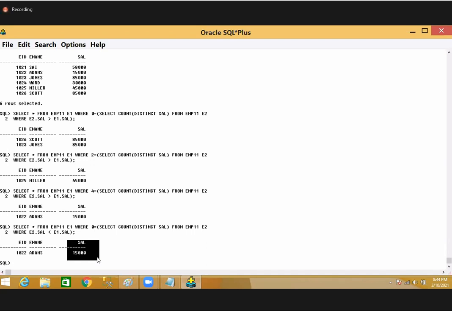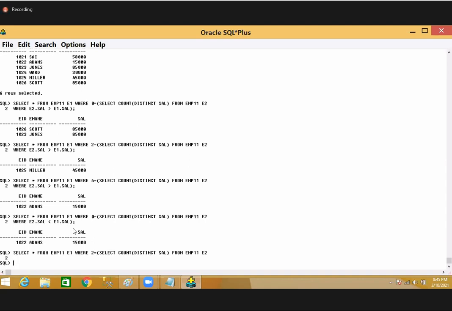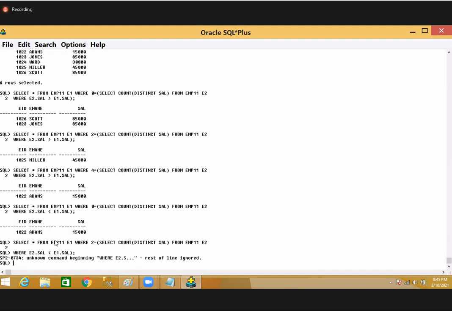For example, third least salary, then what is the N minus 1 formula? Third means 2. The 2 is equal to the same inner query I have to take. And the same condition, less than symbol, I have to take. So 1 second guys, here I apply.